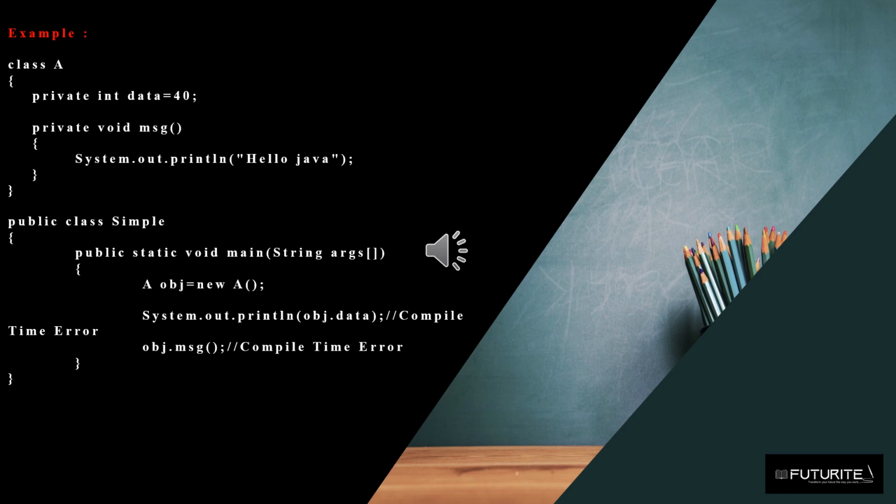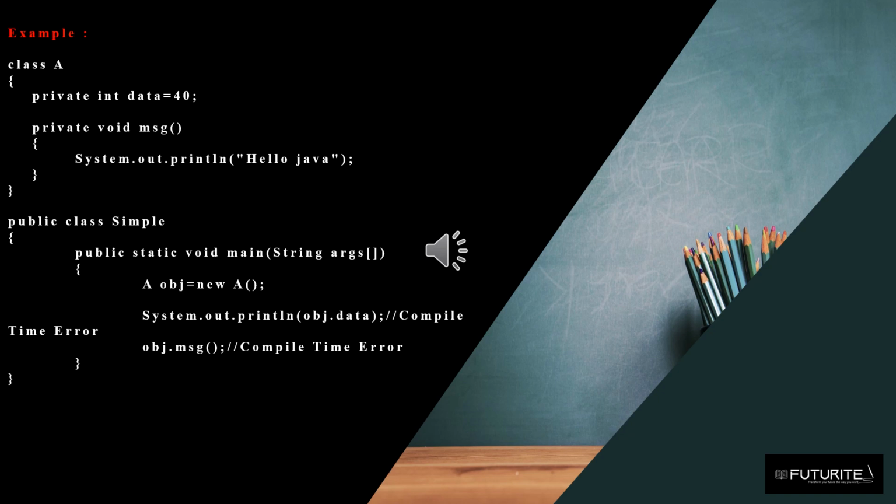Now I was talking about the scope of the class. The scope of the class means after the class name there is a second bracket, and at the end there is also a second bracket. So scope means this data variable will only be accessed within the class, between that first second bracket and the last second bracket.